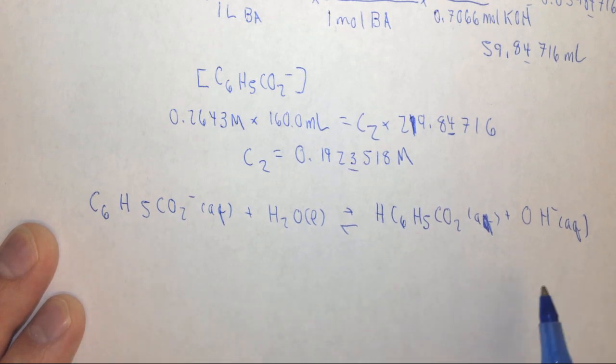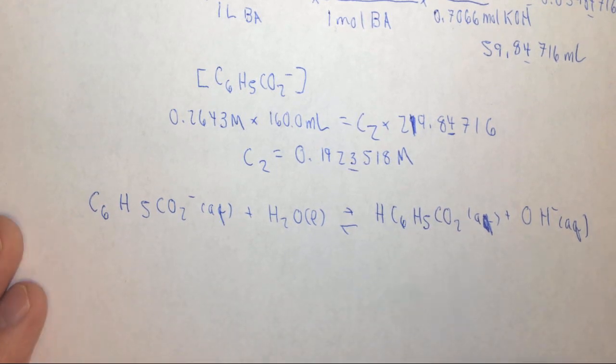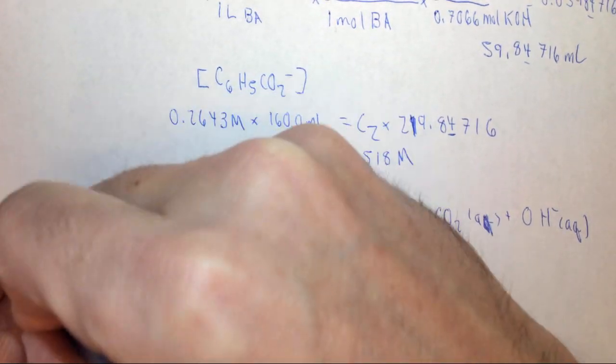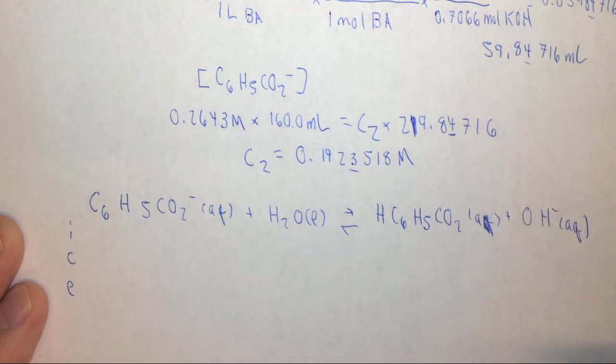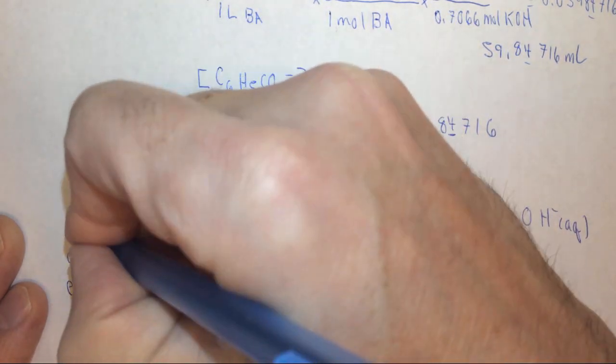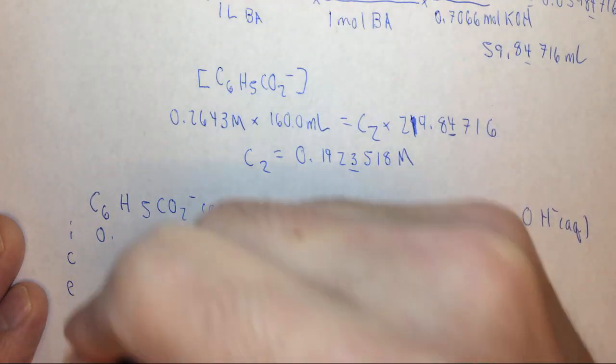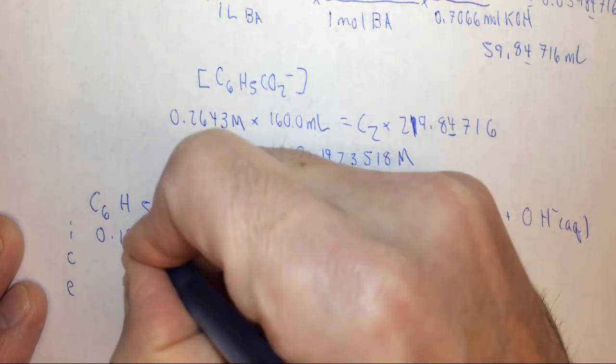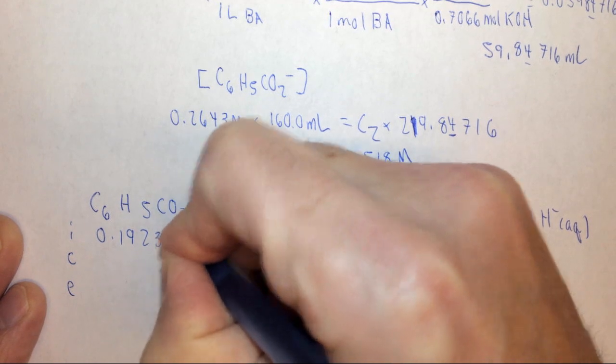And we know a few of these things. We know the initial, the change, and the equilibrium concentrations of some of these things. The initial concentration of this, we spent all that time figuring out, 0.1923518.